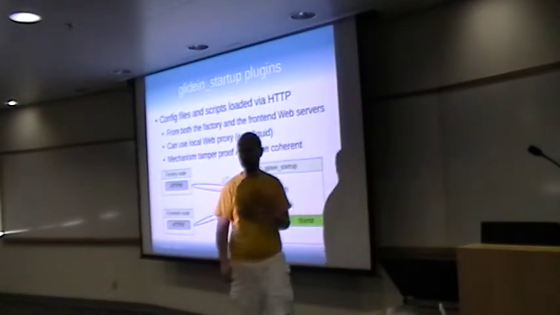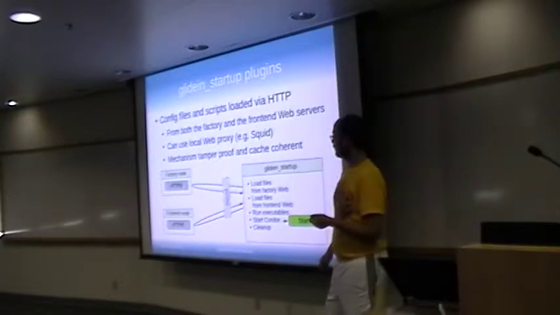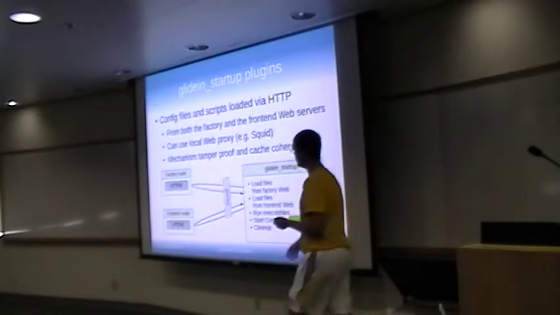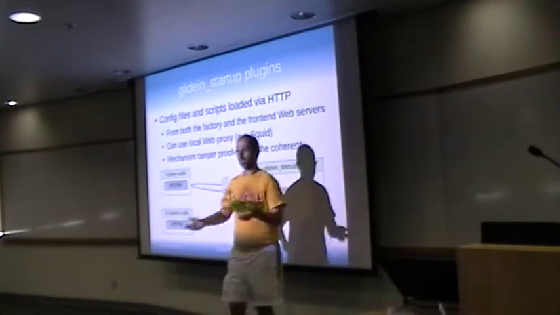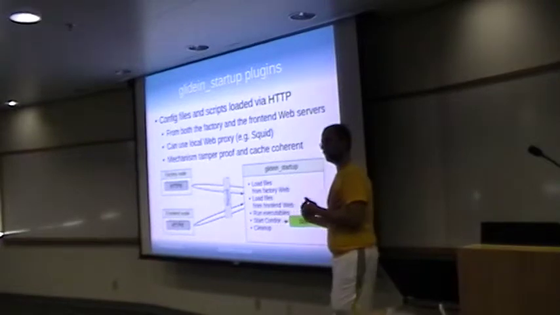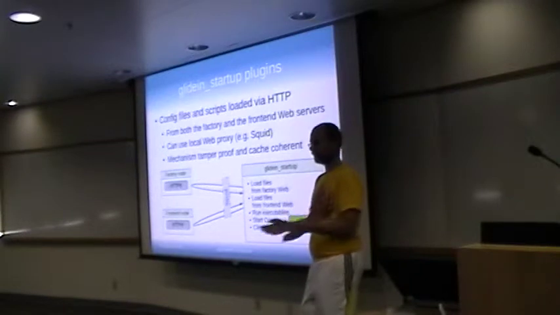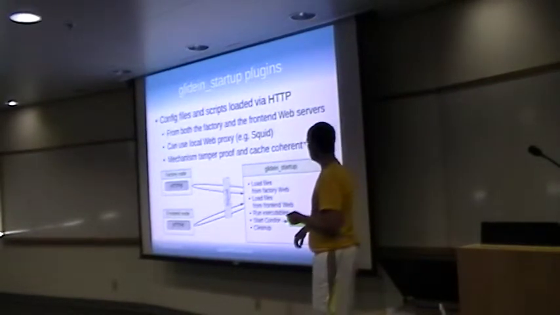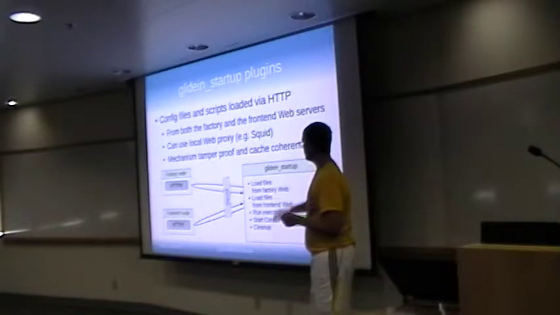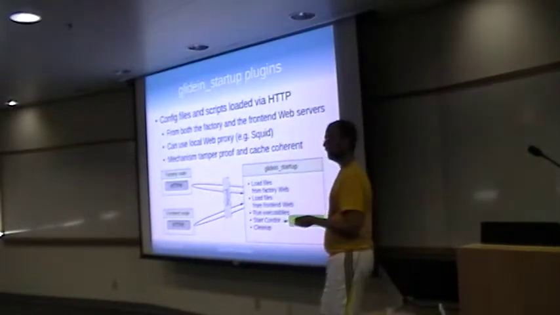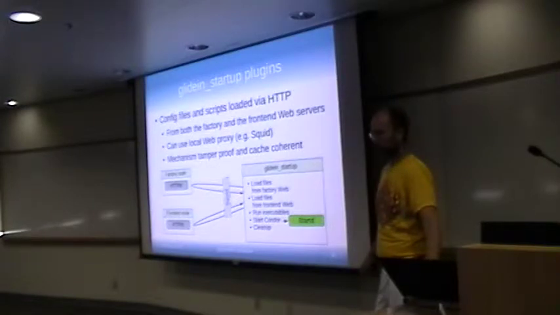As we will see in more detail later on, the front end can provide validation scripts that are VO specific, and the factory will provide scripts that are generic and meant to be the same for all the VOs and provide basic functionality that a glidein needs, including doing the configuration, setting up GLExec, and so on. And the mechanism is tamper-proof and cache coherent. So you don't have to worry that just because it's HTTP, which by itself is insecure, you risk that somebody will hijack and run arbitrary code in your name.